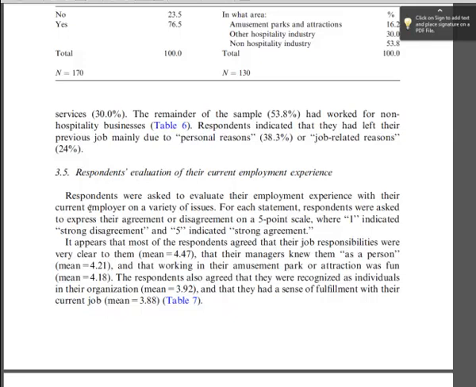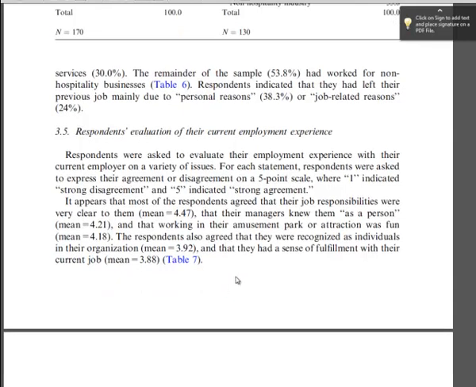Now the next section looks like we have some questions that were asked on a Likert scale, this 5-point Likert scale, where 1 indicated strong disagreement and 5 indicated strong agreement. So here we're going to probably see some averages, and in the next paragraph it appears that most of the respondents agreed that their job responsibilities were very clear to them. The average score was 4.5.